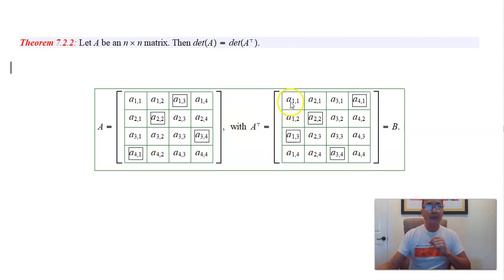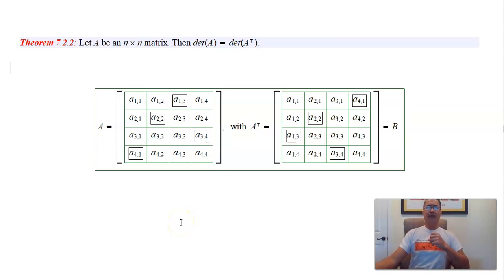So row 1 becomes column 1. Row 2 becomes column 2, and so on. Where do the boxed entries go? A13 is now in column 1. A22 stays in column 2. A34 is now in column 3. And A41 is now in column 4.